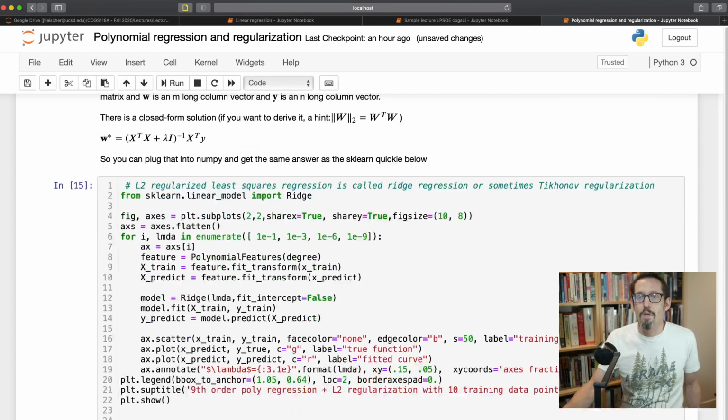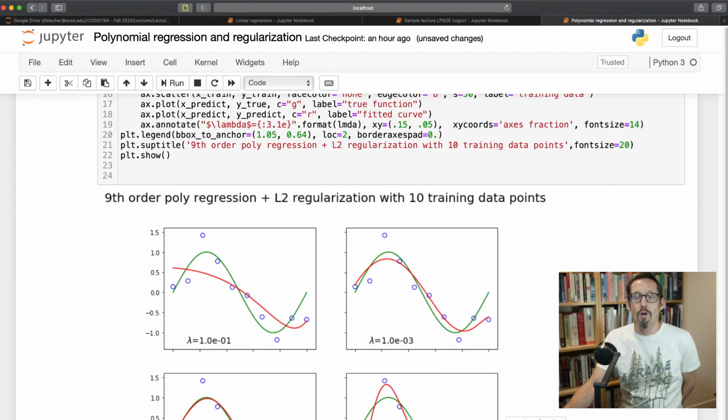All right. So these 4 panels are all this 9th order polynomial that you've already seen several times now, right? And we know that when lambda is 10 to the minus 9, a value getting very small, very close to 0, we get the same OLS solution that we did previously. As we make that number a little bit bigger, 10 to the minus 6, we get something quite reasonable out of our 9th order polynomial fit, which previously had been a pile of steaming crud.